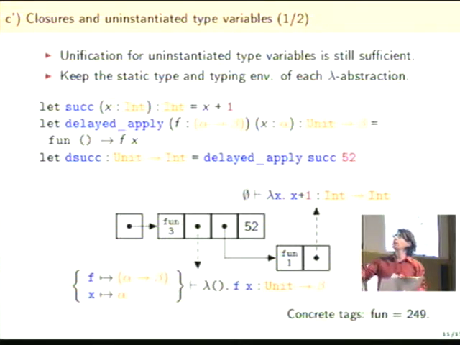Here, once again, we will not be able to; it's only when we unify the type of the second closure that we will know that 52 should be an int.